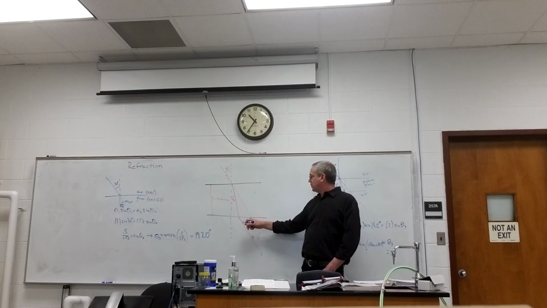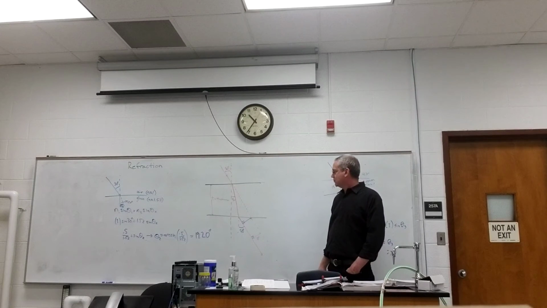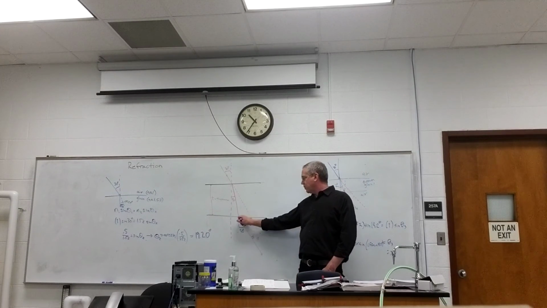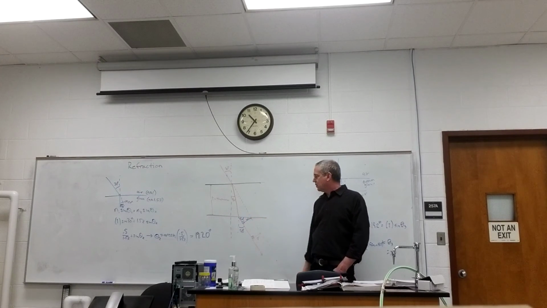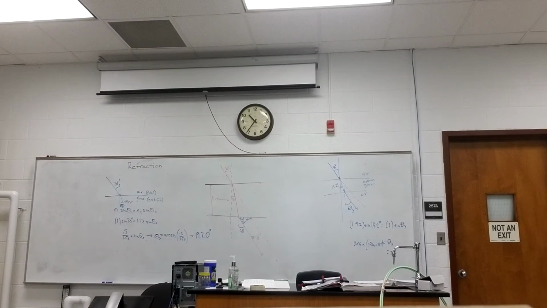Let's see, what do we know? I know that that's 30 degrees there. Therefore, this right here has to be 60 degrees. Therefore, this right here has to be 30 degrees. I'm assuming all of you have incredibly good vision.